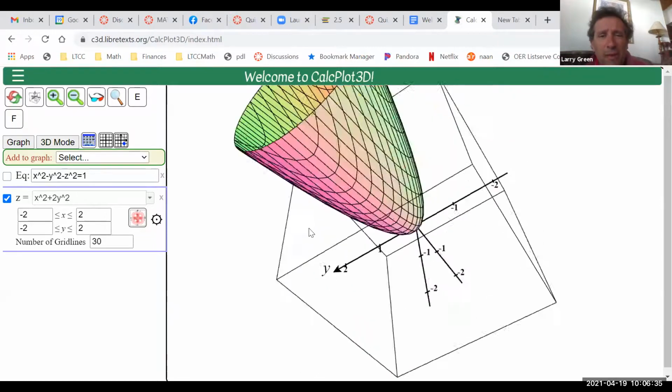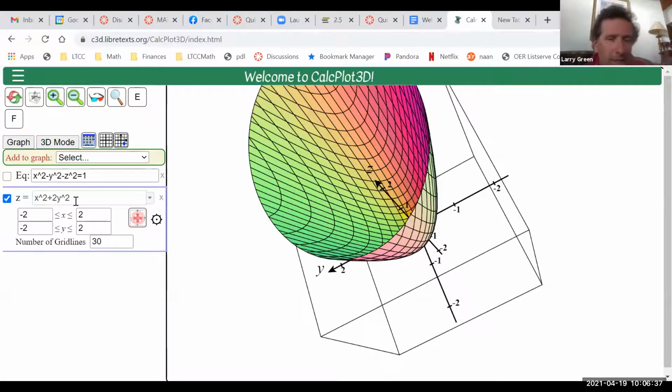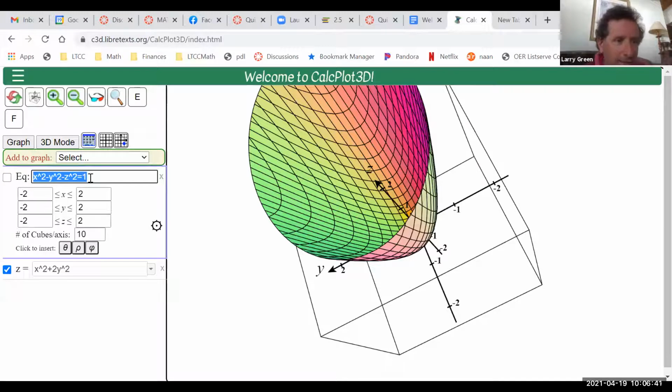Okay. And by the way, let's suppose instead we got rid of the z squared, or let's say we got rid of the x squared. So then let's say we had x minus y squared, let's say minus 2z squared equals 0.